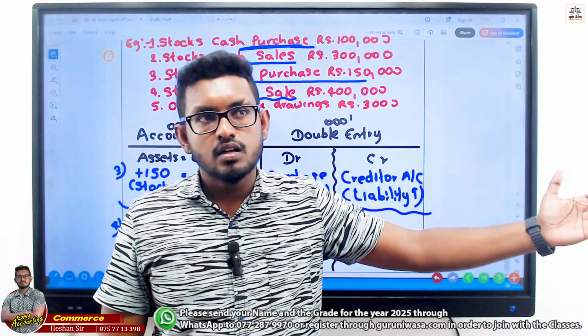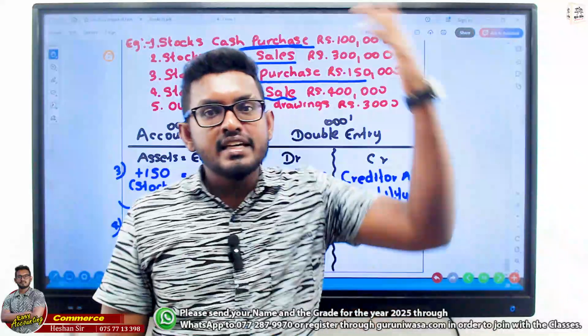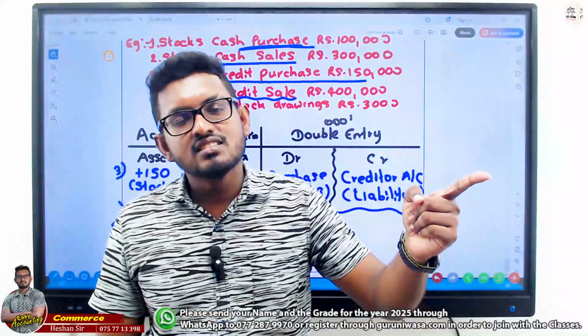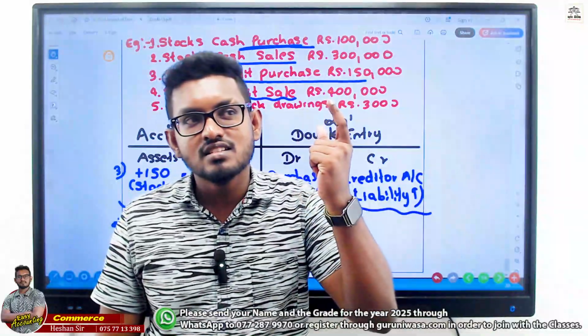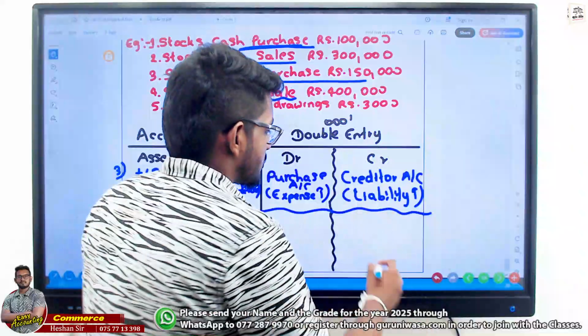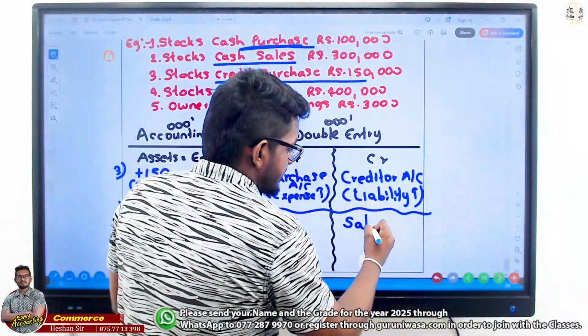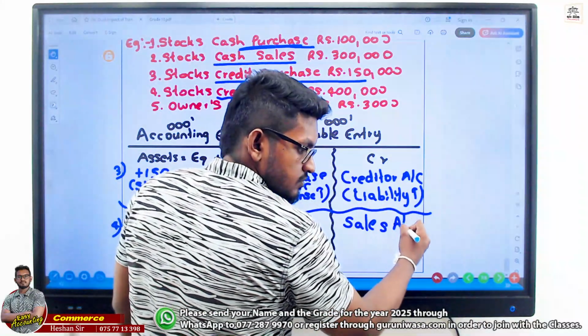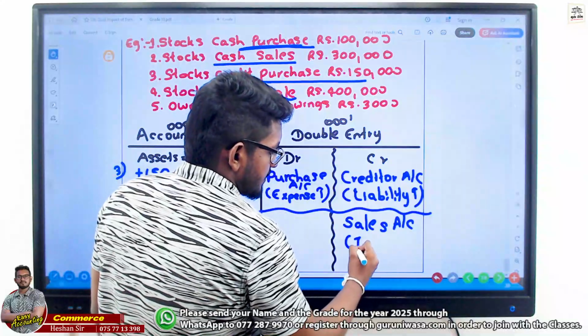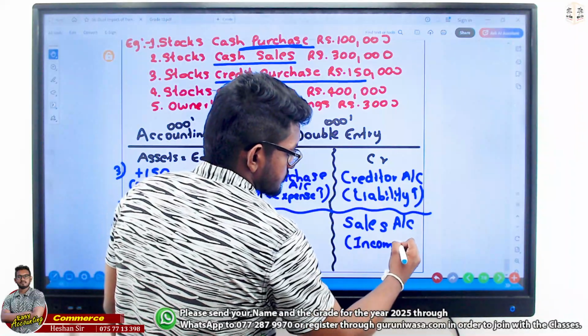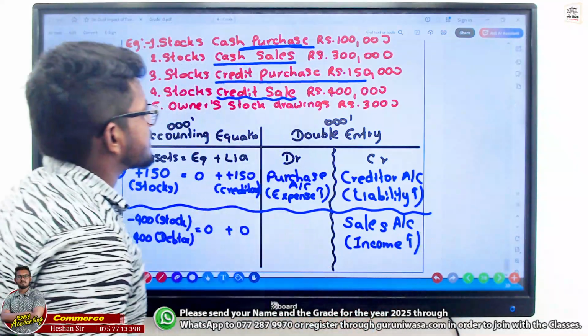Understood? Right? So when income increase, it's debit or credit? Faster now, I won't be answer. Credit. Credit. Sales account credit. Why? Income increase. But this is a credit sale.